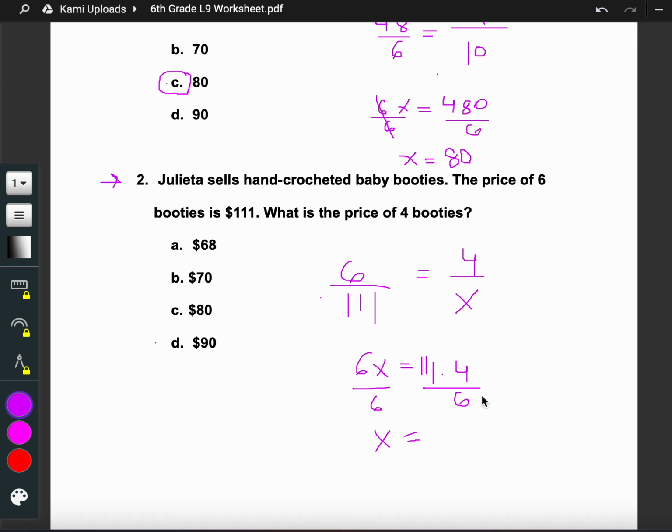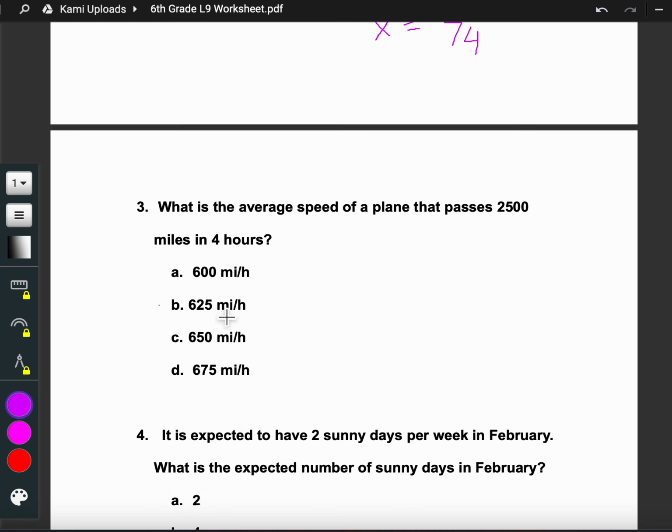So 111 times 4 is 444. And if you divide that by 6, you should get 74. But this would be the answer. Okay.